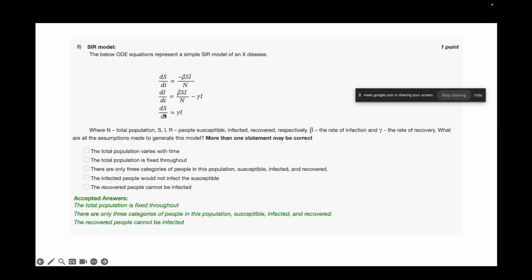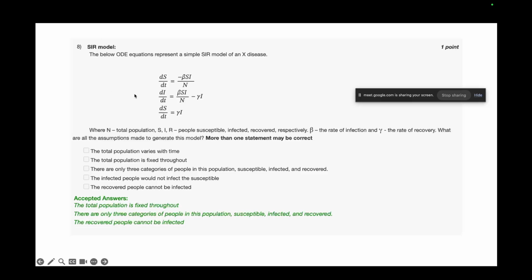What I think is there is a typo here. This should be an R. The rate of recovery would also depend on the rate of infected people. But anyway, let's assume what is given here only. So your dS/dt is dependent on S and I. So your susceptible number of people is dependent on the number of people that are infected and also the number of people that are susceptible.